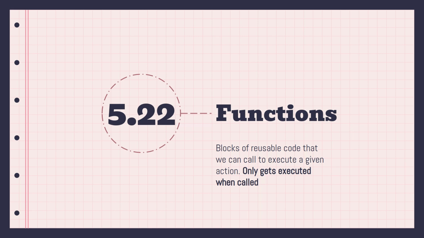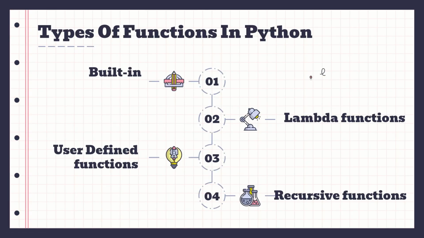So let's first of all look at the different types of functions we have in Python. There are four different types of functions in Python. They are basically built-in functions, which we will take a look at. We have looked at some built-in functions already, but don't worry, I will explain. We're going to look at lambda functions, which are like anonymous functions from other programming languages. If you're coming from Java, they're called anonymous functions.